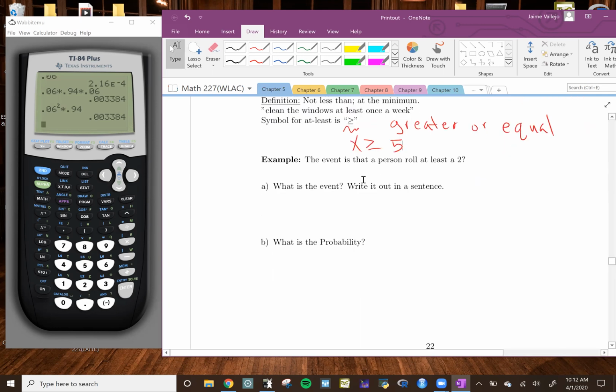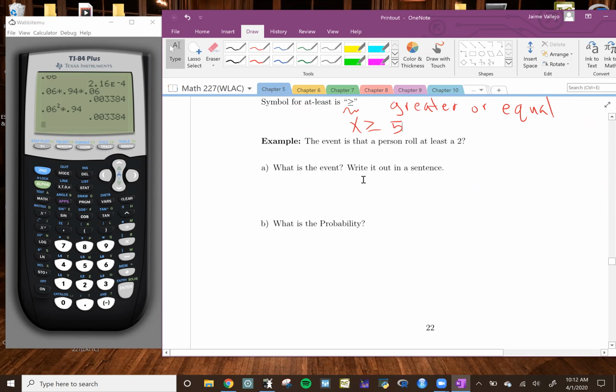Cool. All right, let's do some basic questions. For this one, it says the event is that a person rolled at least a 2. It says write down the event.